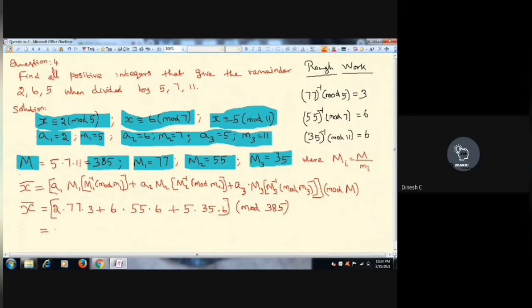So you got an answer 3492 mod 385. So finally you got 27 mod 385, sorry, not 85, it is mod 385, or it can be written in the form of 27 plus 385k.